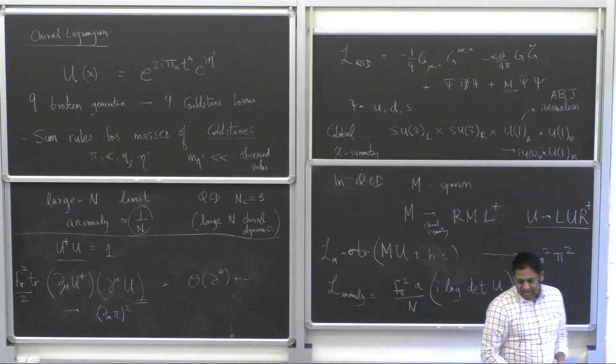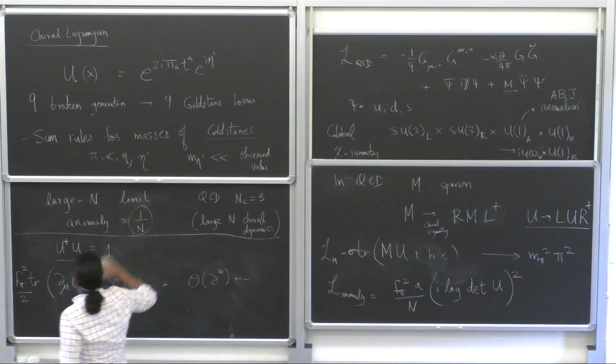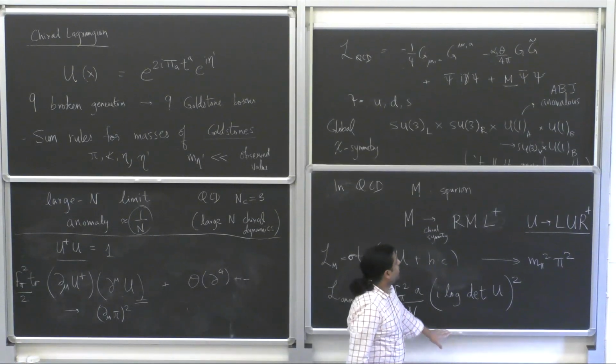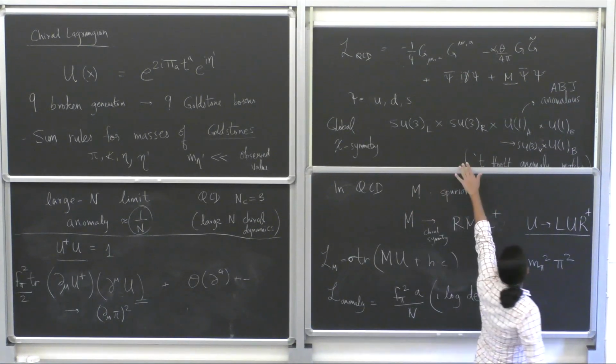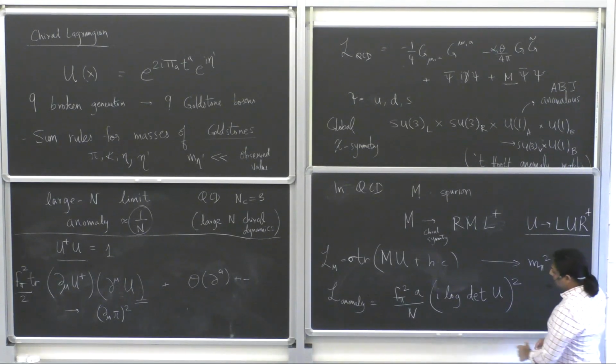The rough idea is that the anomaly is in the eta prime part of the symmetry. So it's in the part of the symmetry that is not the special unitary part, but the part that is the U1. So it can only be proportional to det of U, and large N counting arguments can be used to say that it actually depends on log of det of U.